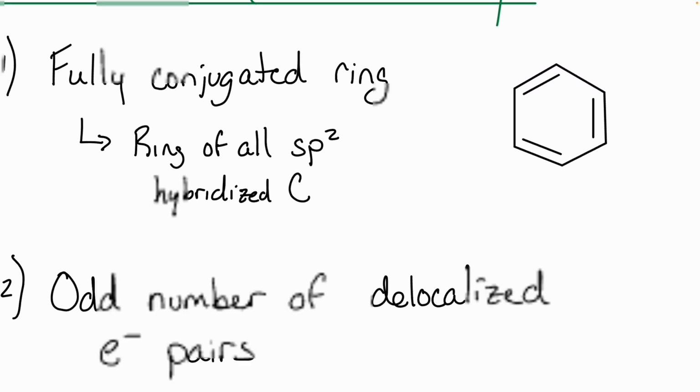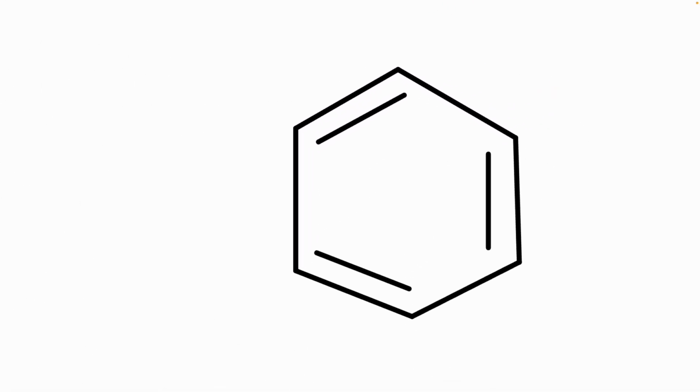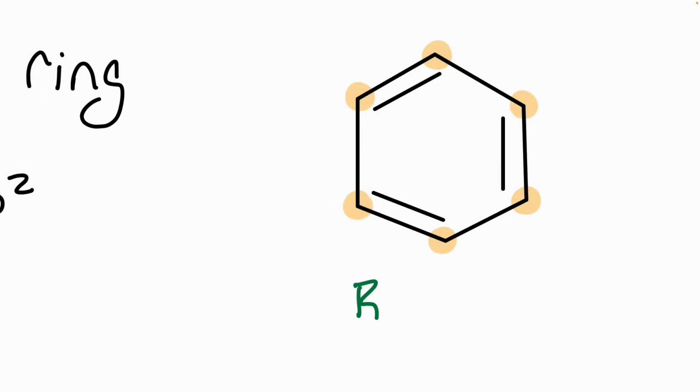So again, what we're going to do is look and say, does this molecule meet rule 1? We got to look, is every single one of these carbons sp2 hybridized? Well, these are about this double bond, these are about this double bond, and these are about this double bond, so yes, this meets rule 1. Rule 1, check.